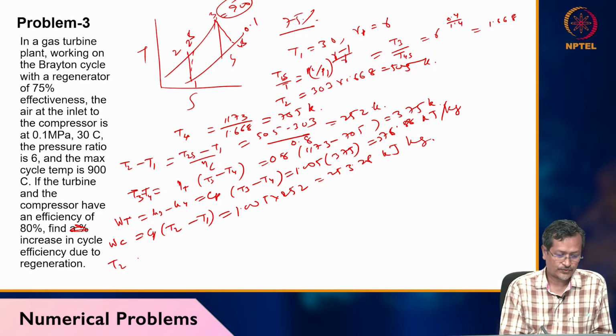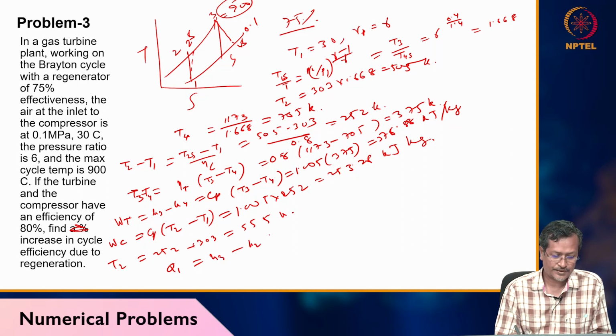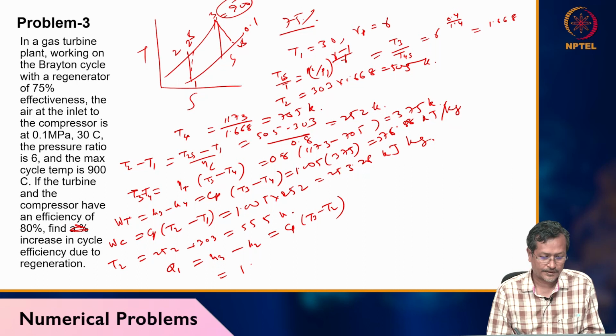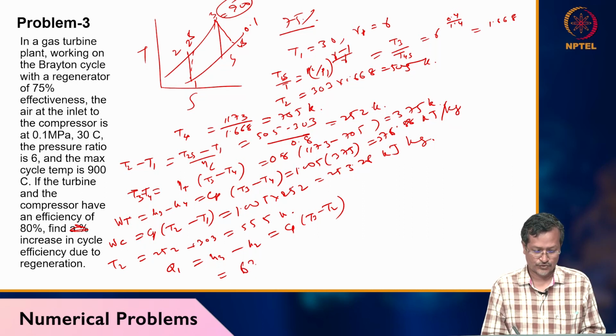Okay, so T2 equals 252 plus 303, 555 K. Q1 equals H3 minus H2 equals Cp into T3 minus T2. So this value is giving 621.09 kJ per kg.